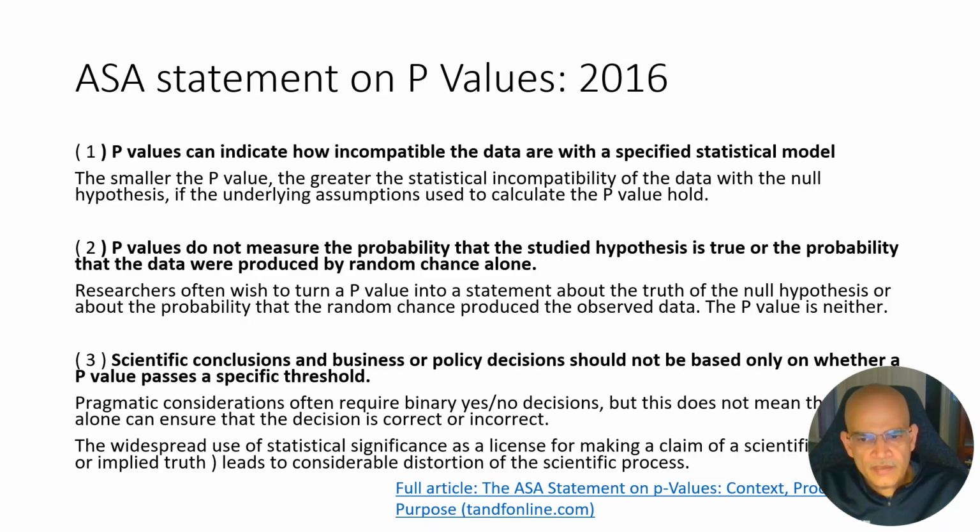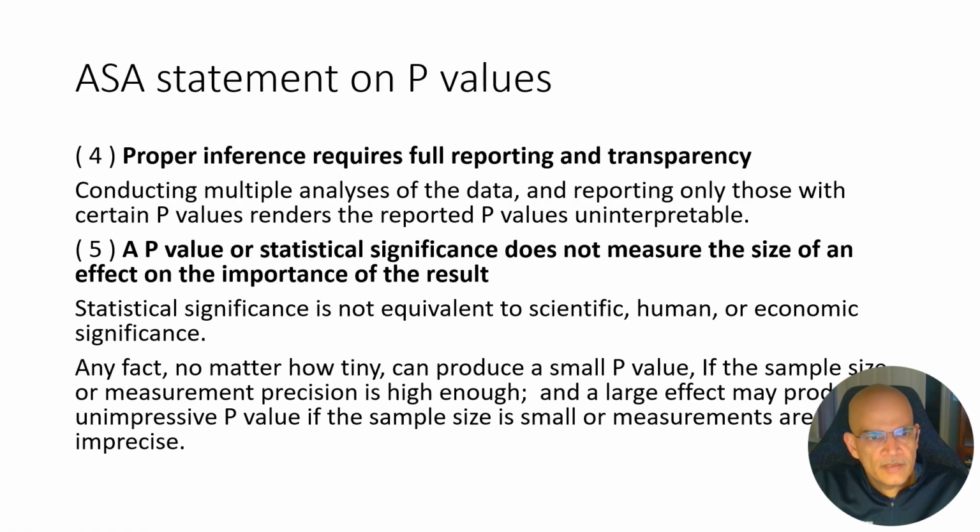That's it. Scientific conclusions or policy decisions should not be based on whether a p-value passes a specific threshold. This is opposite of what we do currently. Proper inference requires full reporting and transparency, and a p-value does not measure the size of an effect or the importance of the result.